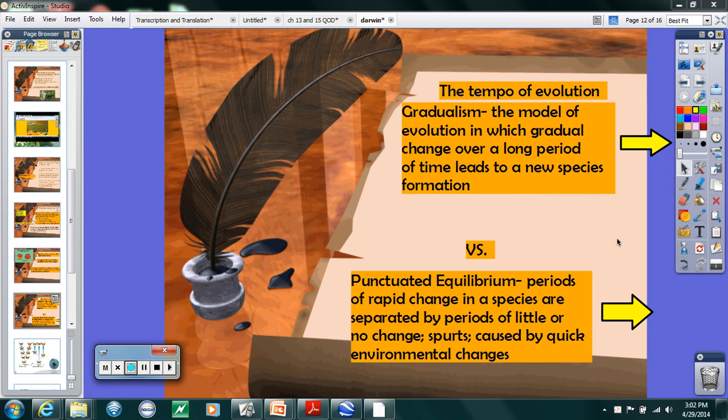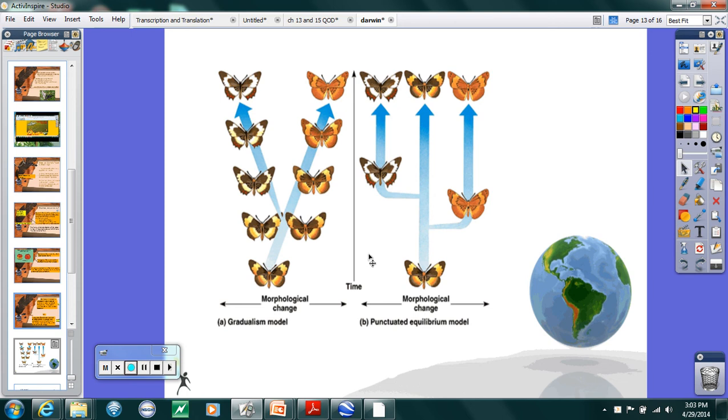Or another model of evolution would be known as punctuated equilibrium, where there are periods of rapid change in a species, and then there are periods of little or no change, or some type of spurt, and this is typically caused by a quick environmental change. And this produces, in the evolutionary timescale, a different method of morphological change.